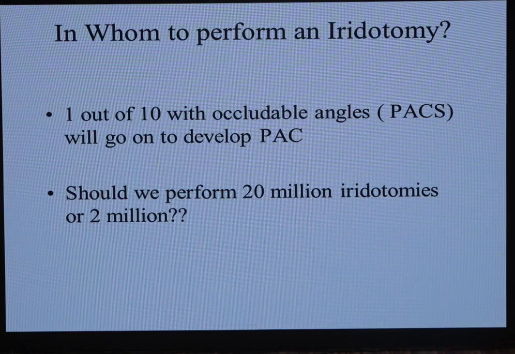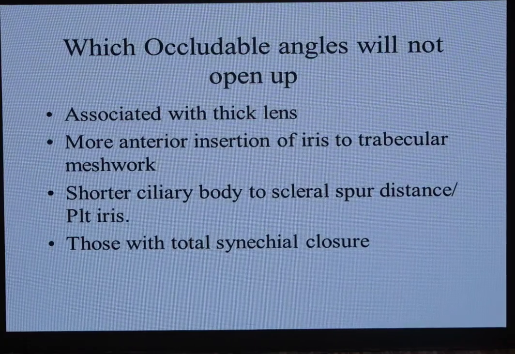And we don't even know how many of these occludable angles will go on to develop the next stage, angle closure, and the further next stage, angle closure glaucoma. If you read some of the current studies, you would realize that if there are about 100 or 1,000 of such patients, maybe only one of them would go on to develop angle closure glaucoma or an acute attack. So the numbers actually going into the next stage are very few, which means that you do not treat all of them.